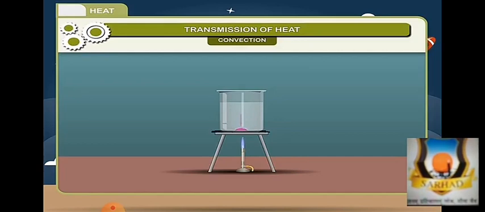This is called convection. Hence, convection is the process of transfer of heat in which the particles pick up the heat energy from the source and become light and move up. In this process, the actual movement of particles from the hot region to the cold region takes place.